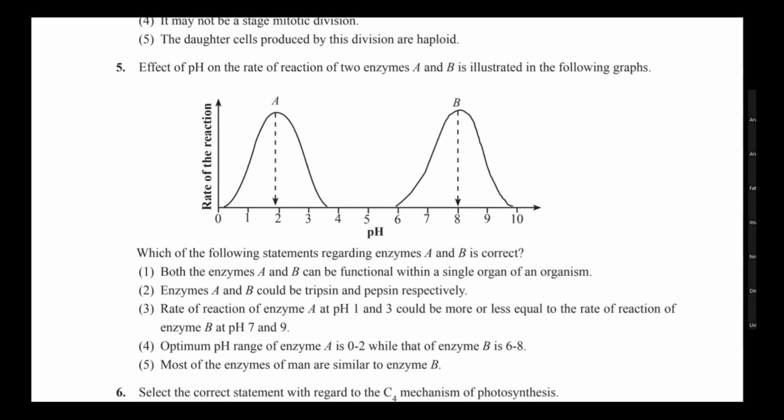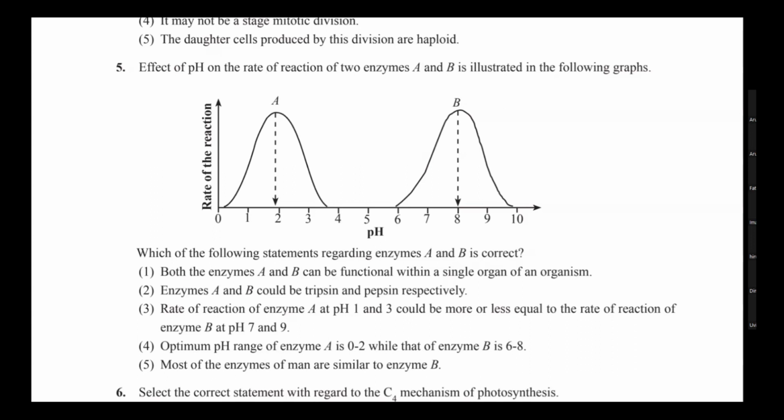Pepsin, it is present in the stomach. Okay? Why? Any doubts? And B, trypsin, it is an intestinal enzyme. Now here, both the enzymes A and B can be functional within a single organ of an organism.